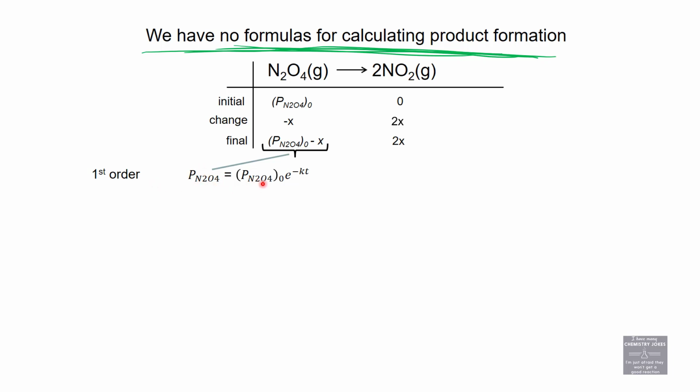This is a first order reaction that has been solved for this and this alone. The ln's have been taken out. That's why this exponential e is here. But I can solve for this value. Knowing initial and final, I can find x, and then I can plug in 2x to find my product concentration.